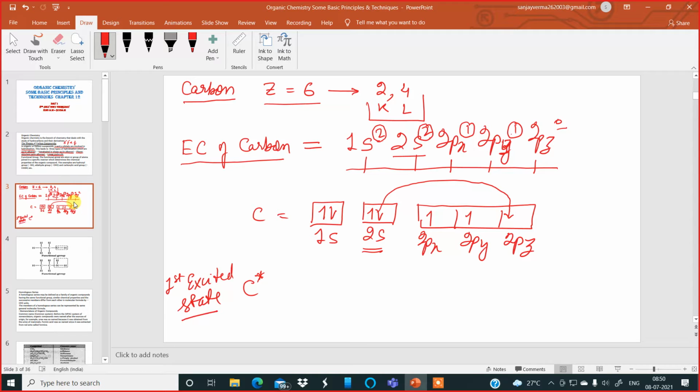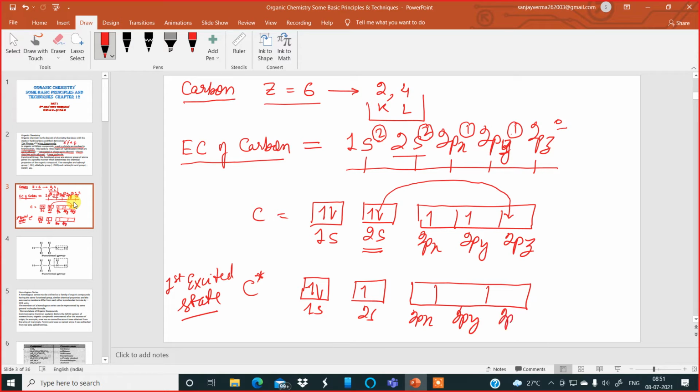After this, only combination with other elements, atoms, is possible. So, once the electron is transferred from the 2s orbital to the 2pz orbital, we have the electronic configuration like this: the 1s orbital having 2 electrons, the 2s orbital now having only 1 electron, and the 2px, 2py and 2pz orbitals having 1 electron each.